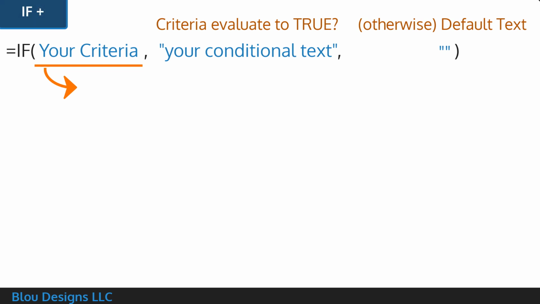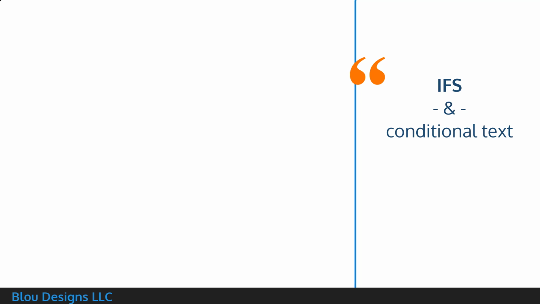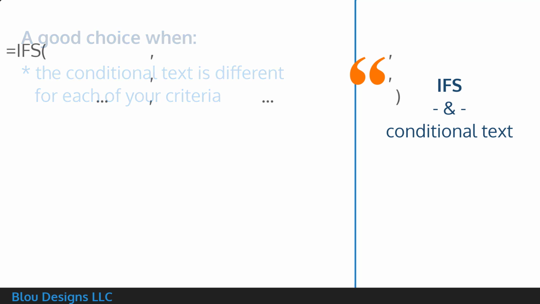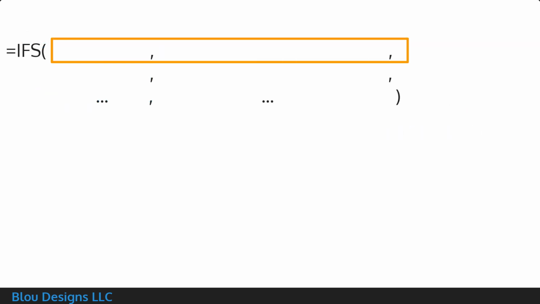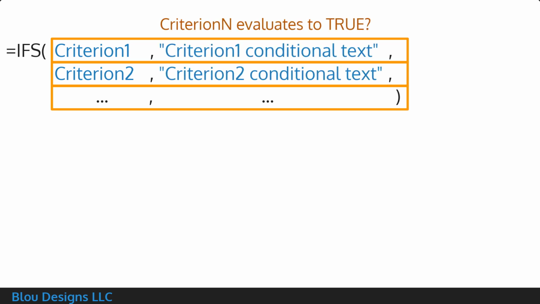Of course, to reflect real-world complexities, you can use any combination of functions and formulas you need for your own criterion specification. IFS, the plural version of IF, is a good choice when the conditional text is different for each of your criteria. IFS takes a series of pairs of comma-delimited arguments, where each pair consists of one of your criterion and the conditional text you want to display when that criterion is met or true.